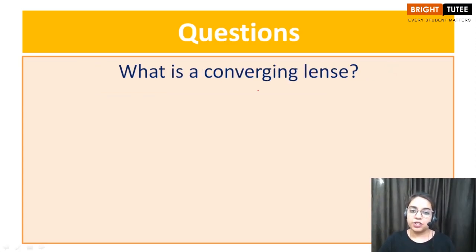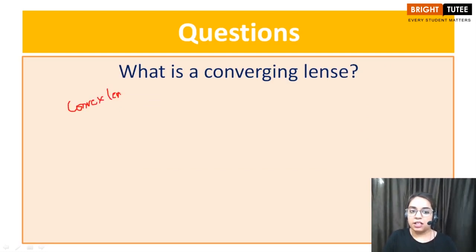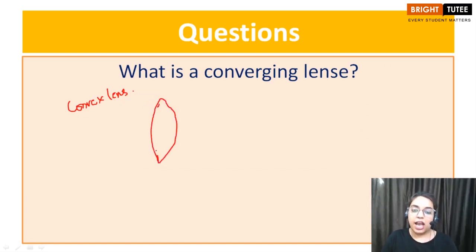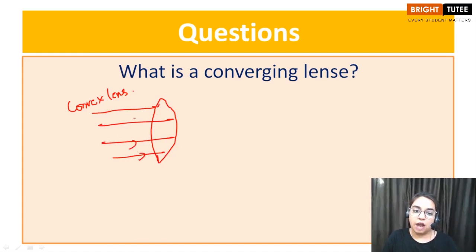What is a converging lens? A convex lens is known as a converging lens. These types of lenses are thicker at the center and thinner at the edges. Whenever the rays of light pass through this lens, they are bent.